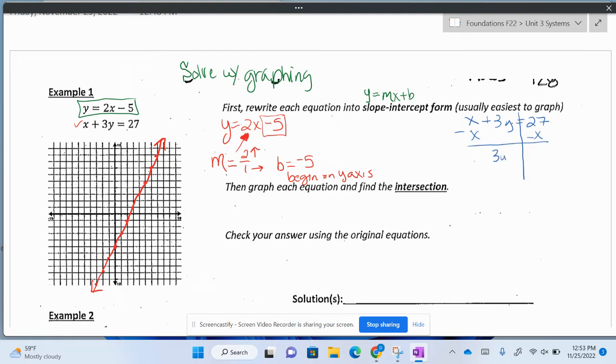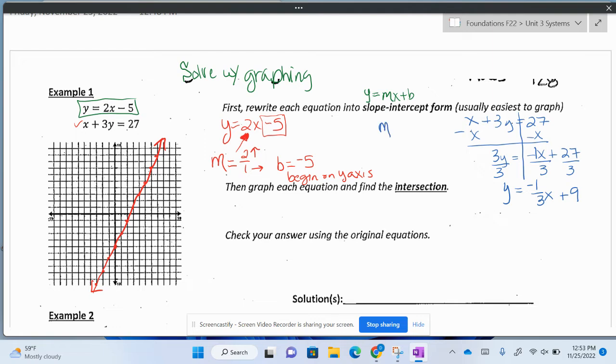So now I have 3y equals negative x plus 27. I'm trying to get y all by itself, so I need to divide every single term by 3. That gives me y equals negative 1/3 x plus 9.